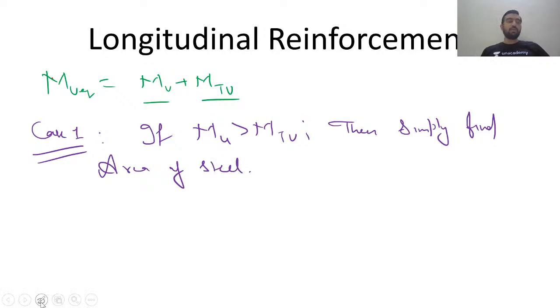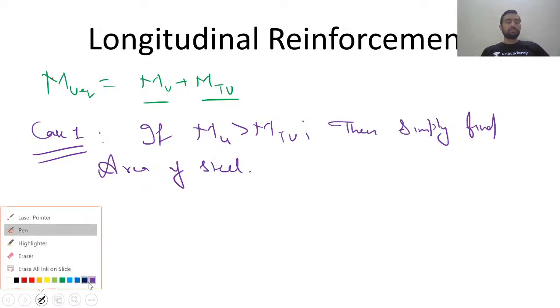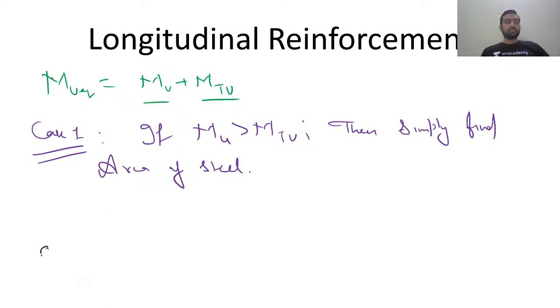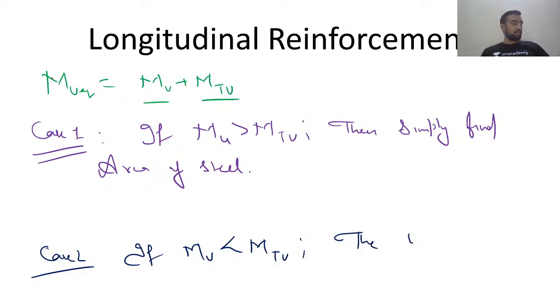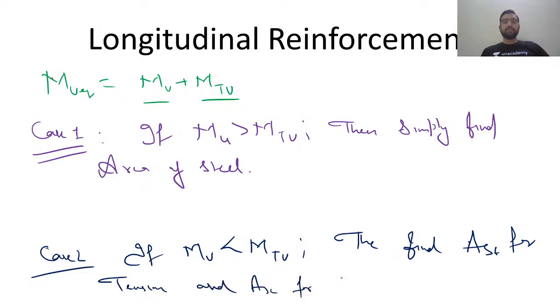But case number 2, if Mu is less than Mtu, then find area of steel for tension and area of steel for compression, isn't it?